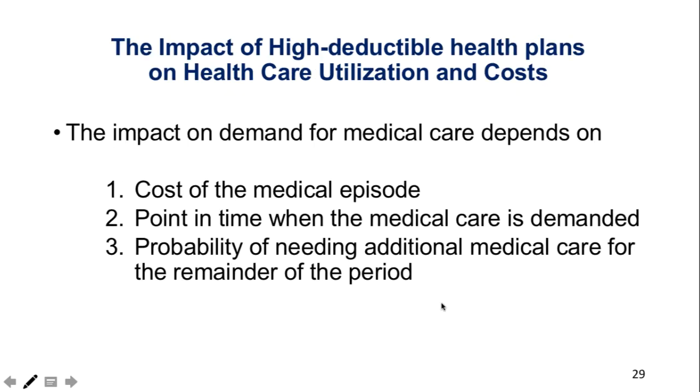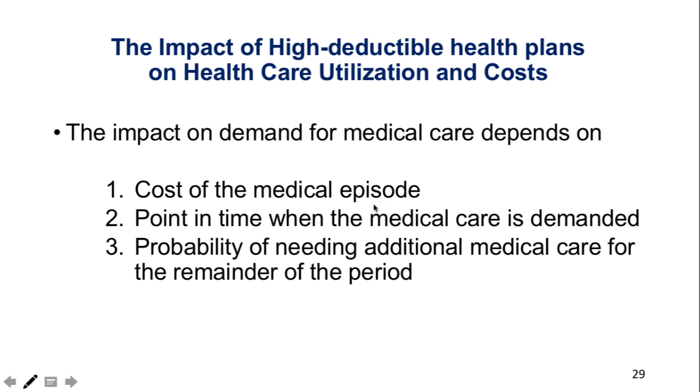Now, the impact of high deductible health plans on healthcare utilization as cost is very important in health economics. Basically, we want to know how a high deductible impacts demand for medical care. The study shows that it depends on the cost of the medical episode.